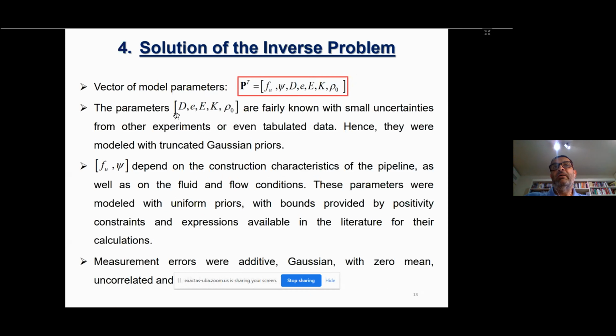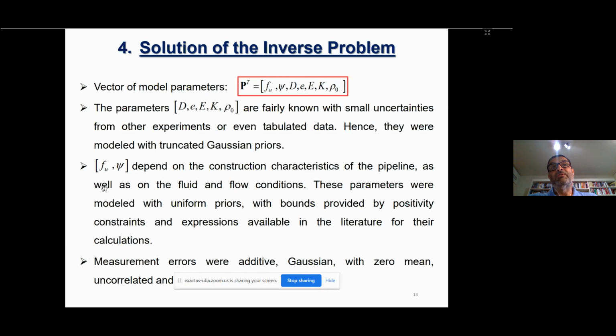This one has the diameter, the thickness, and the Young's modulus for the pipe. K is the compressibility modulus for the fluid, and rho 0 is a reference density for the fluid. These are fairly well known, and so we have used priors given by truncated Gaussian distributions in this case.